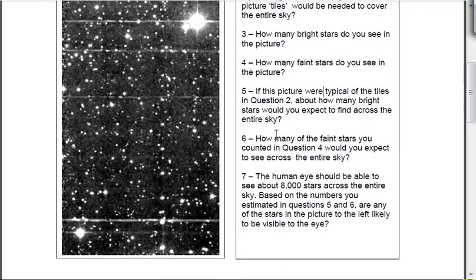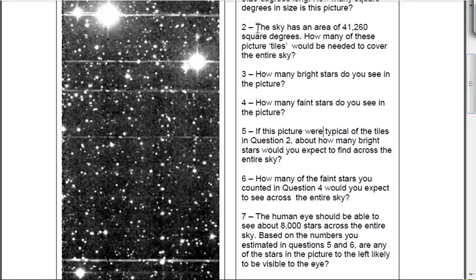If this picture were typical of the tiles in question 2, how many bright stars would you expect to find across the entire sky? Basically, you take your answer from question 2, because that tells you how many tiles would represent the entire sky, and you multiply it by the number of bright stars you see in this picture.